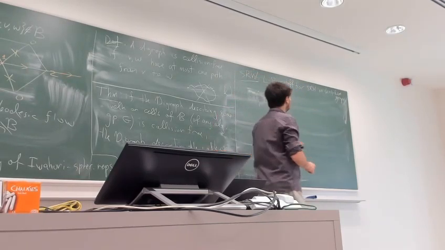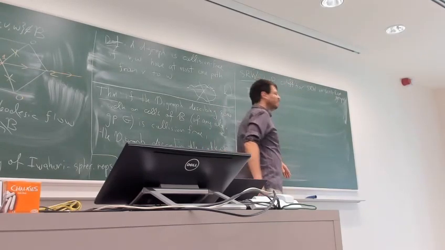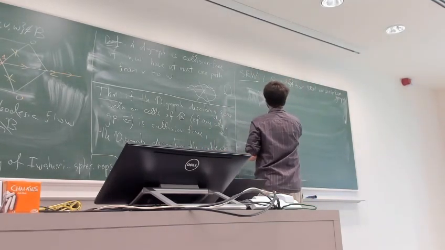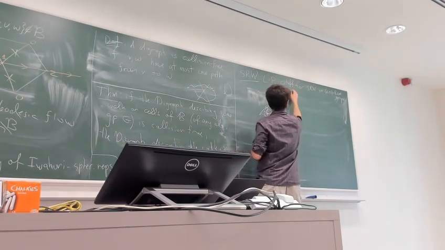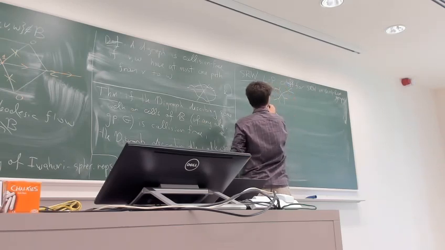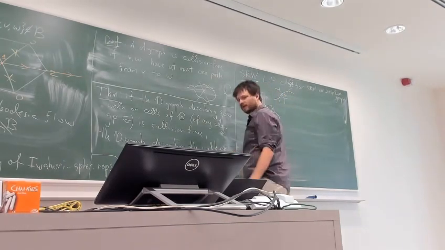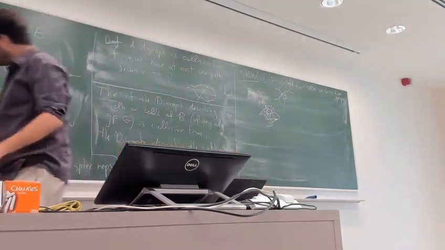What they do is an argument that people in graph theory have known how to do for a long time. They say, I have this walk on the graph. I'm going to lift this walk to the universal cover, which is a tree. This is my starting point here. And I'm going to look at the distance.